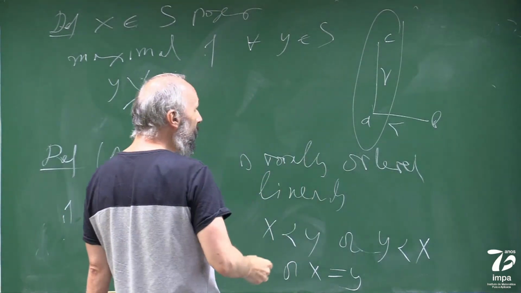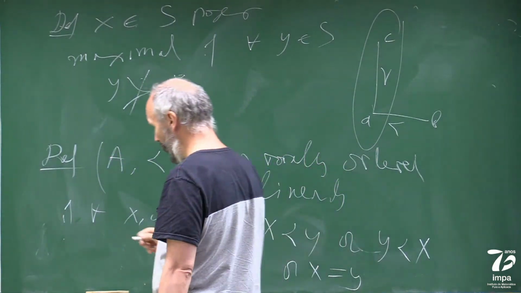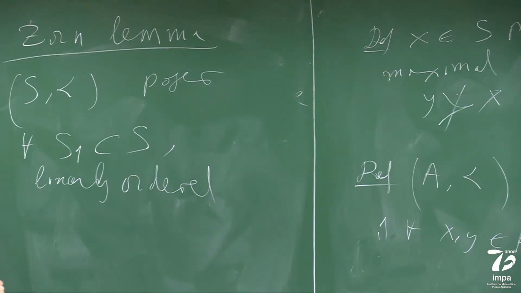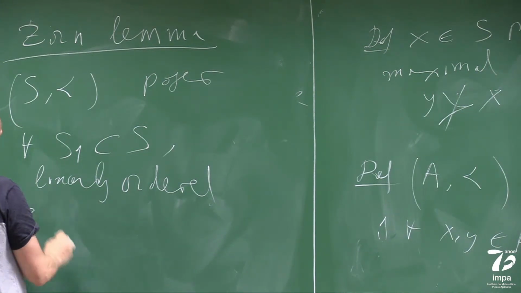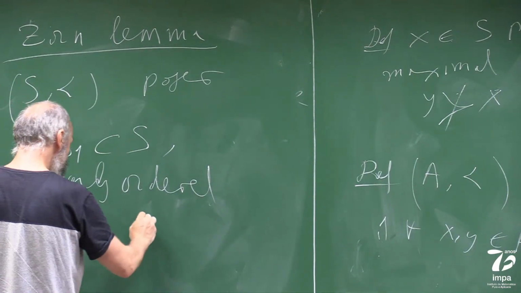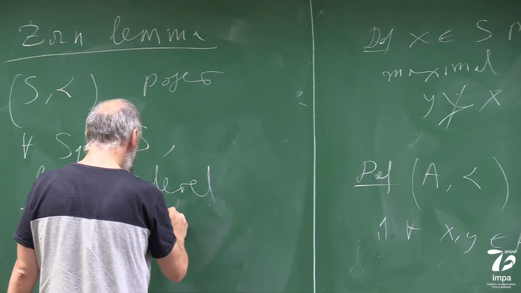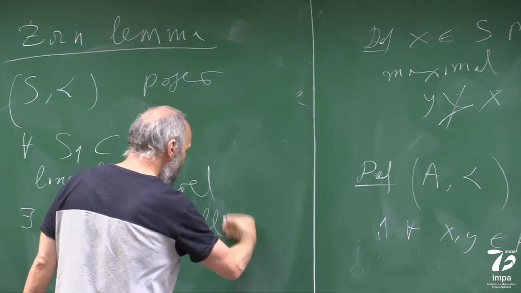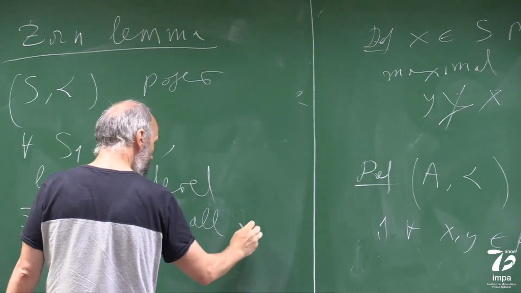This subset is linearly ordered, and if you include B, it's not linearly ordered, because you can't compare B and A. So suppose for each linearly ordered S1 inside S, there exists a small s, also in S, such that s is bigger than all s' inside S1.